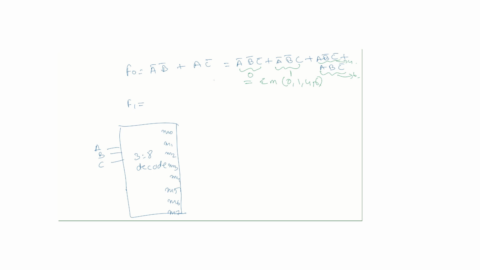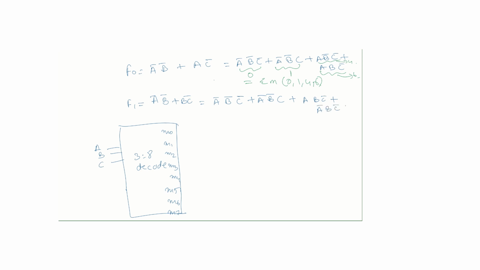And F1 becomes, let me write this again, A bar B bar plus BC bar. So this is again A bar B bar C bar plus A bar B bar C, and I'll write A B C bar plus A bar B C bar.